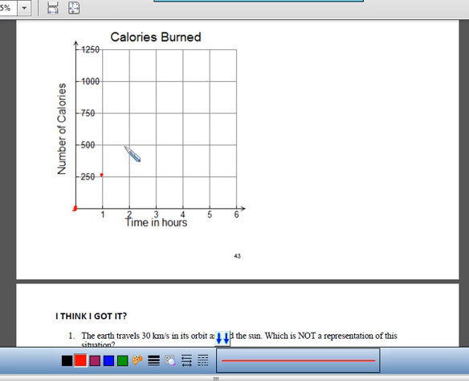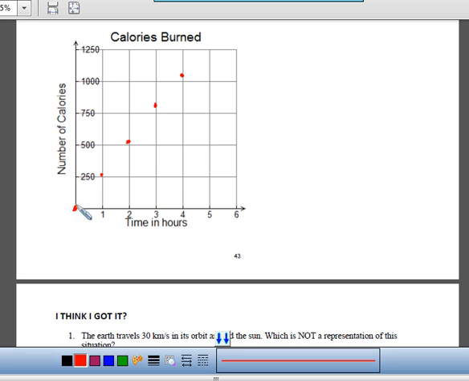At 2 hours, we're at 514, which is again just a touch above 500. 3 hours, maybe a little more noticeably above 750. 4 hours, again, we're getting a little bit more above, but not too much. Alright, and then we can't fit 5 hours because that's 1,285 and that goes above our graph.